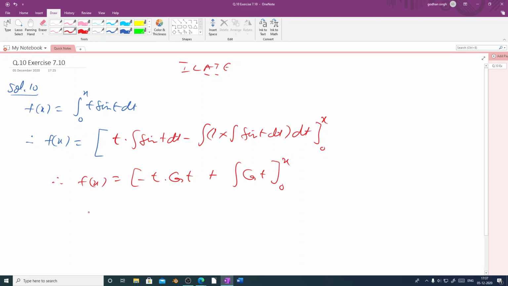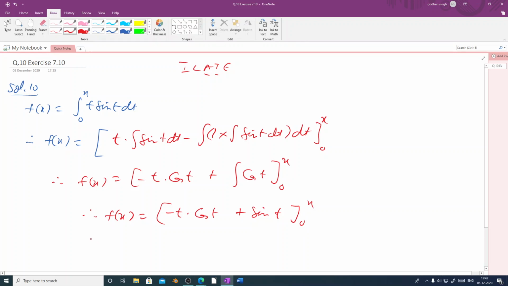and therefore we can say that f(x) equal to this will become minus t into cos t, and plus here when we integrate cos t, we will be getting sin t. Now we'll put the limit, that is 0 to x.